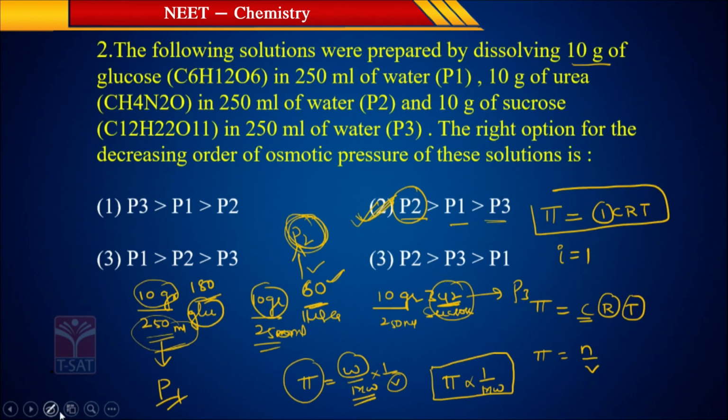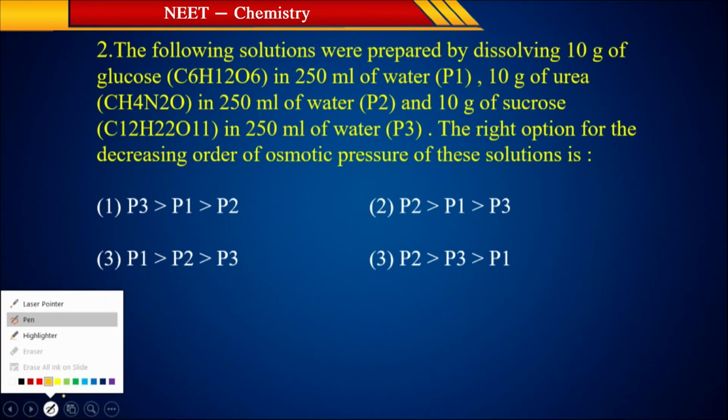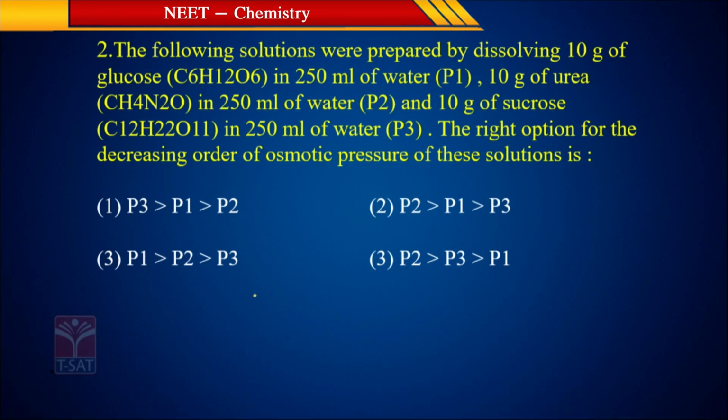You got this one? One more time I am explaining this. Pi is equal to iCRT, i is the same, and R and T are also the same, so pi depends on C. C means n by V, so pi is weight by molecular weight into 1 by volume. Volume and weight are the same, as given in the question.